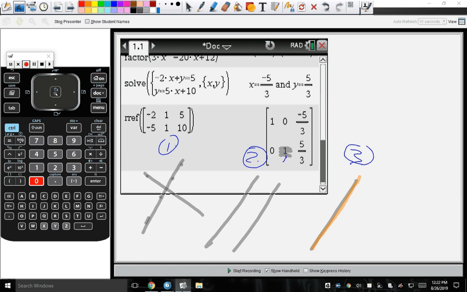If it's a 1, it's going to have one answer. If it's anything other than a 1, give me a number. 2. Then you have to ask yourself, does this number equal the one that's right next to it? Does 2 equal 5/3? No. So there'd be no solutions. They'd have the same slope but different y-intercepts.